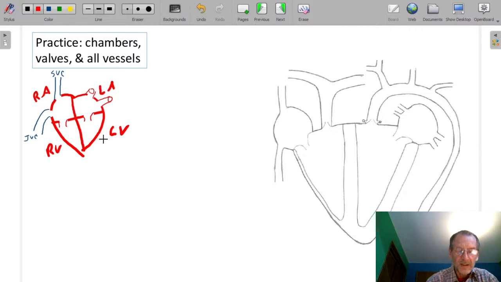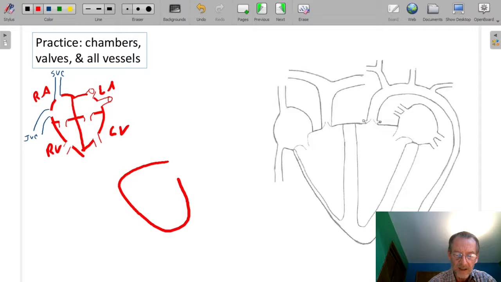But what this type of model has trouble with is trying to now draw in the aorta, which is coming out of the left ventricle, and the pulmonary trunk, which is coming out of the right ventricle. And it doesn't make a lot of sense, I don't think, to draw them coming out here, because they don't. You know, that's misleading.